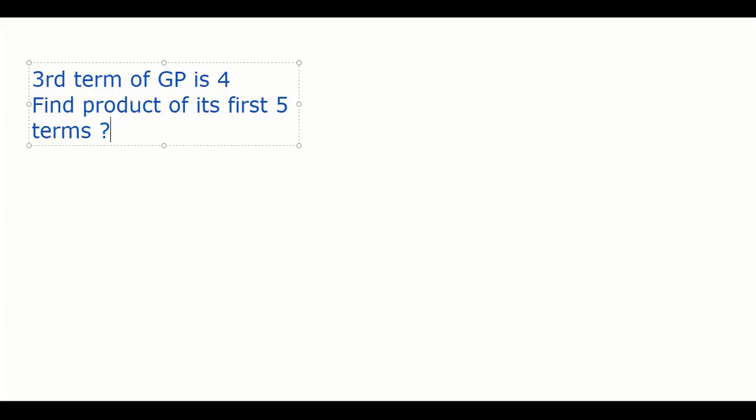We only know the third term, guys. Here we don't know anything. We don't know the first term, but we need the product of its first 5 terms. There's a different way of doing it.